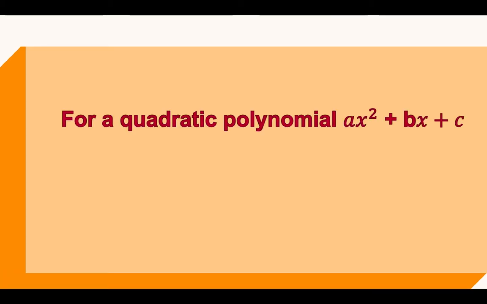Now let's move on. For a quadratic polynomial ax square plus bx plus c, let the roots be alpha and beta. Roots are alpha and beta means that there are two values by which we get the polynomial as equal to 0.